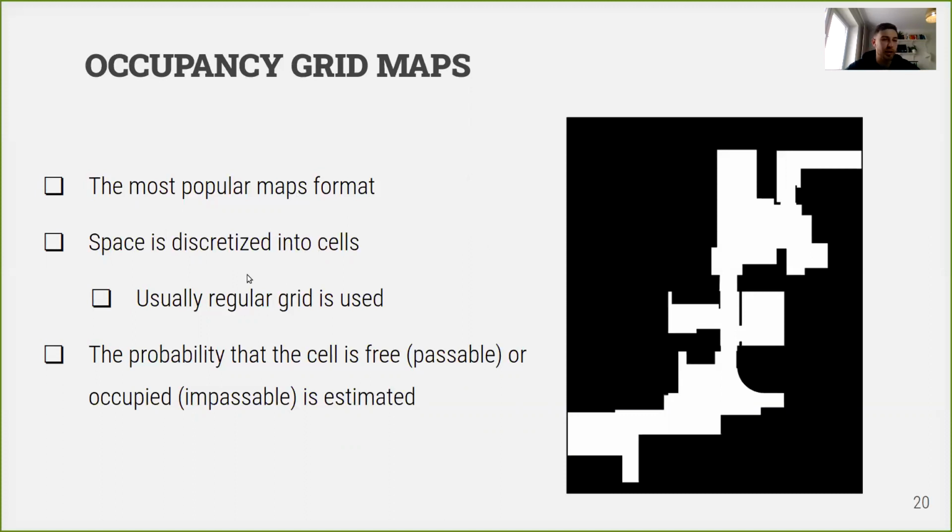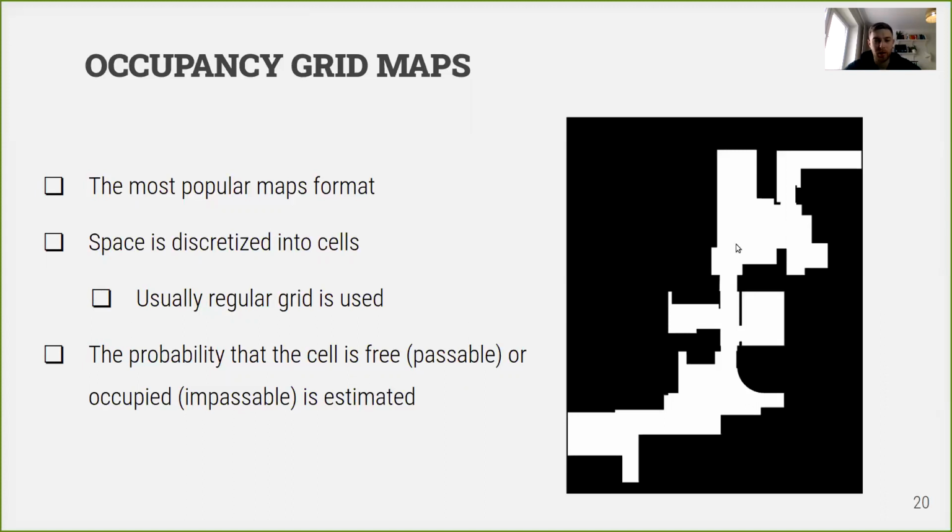You can use different types of grids, and each cell of such a grid is either free, passable, or occupied, impassable for our robot.